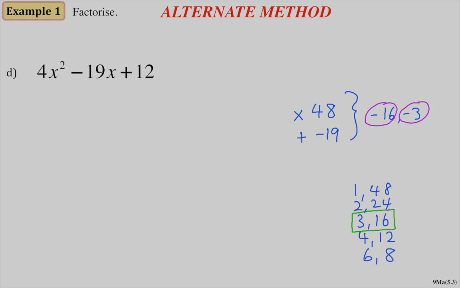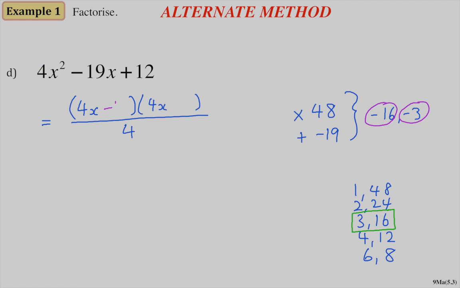So I come back to the question, and I can rewrite this now as 4x with a bracket, 4x, close bracket, over 4. Why did I use 4's? Because the number in front of x squared is a 4. Now the two numbers I came out with were negative 16 and negative 3.